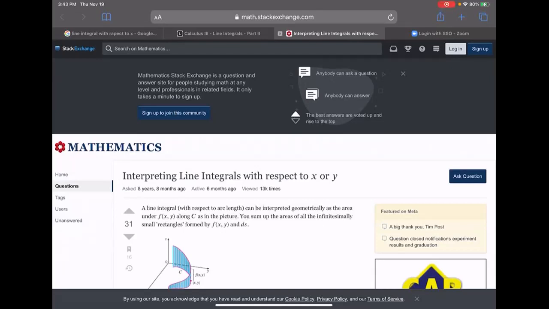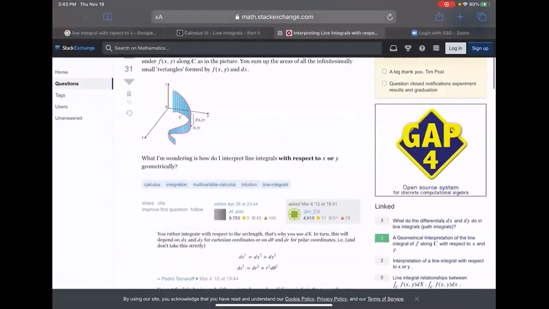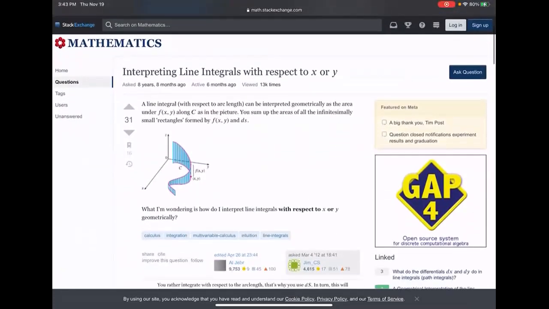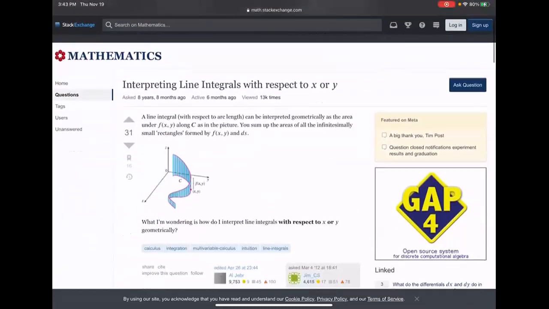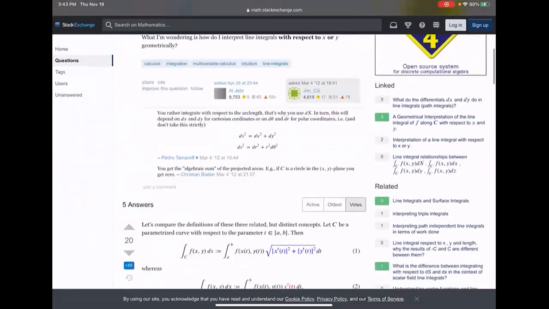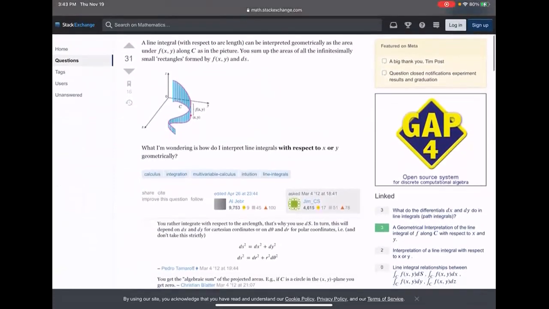Math Stack Exchange is where you come to ask kind of advanced questions. This is not too advanced, it's calculus stuff, but you could ask. There are mathematics professors and professional mathematicians who come on here and talk, so there's a lot of advanced knowledge on this site.